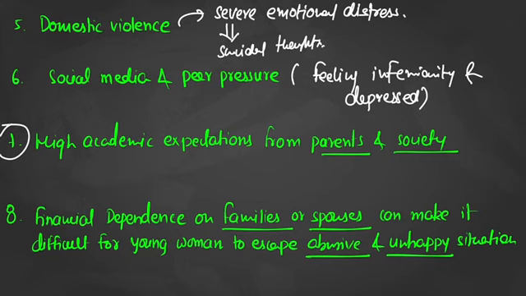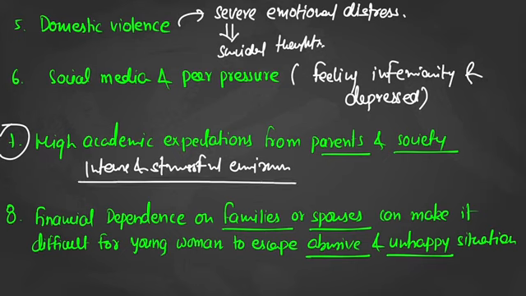So high academic expectations from parents and society create an intense and stressful environment. Okay, then you can also talk about financial dependence, where families or spouses can make it difficult for young women to escape abusive and unhappy situations. Yes, because now they depend on their family, they depend on their spouses. So again, this can be one of the reasons for the increase in suicidal rates.